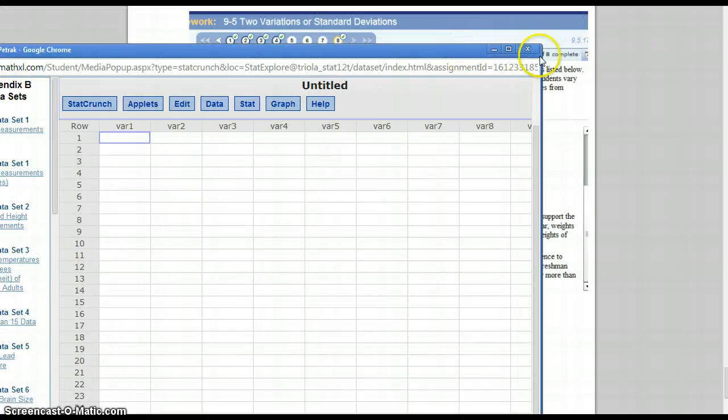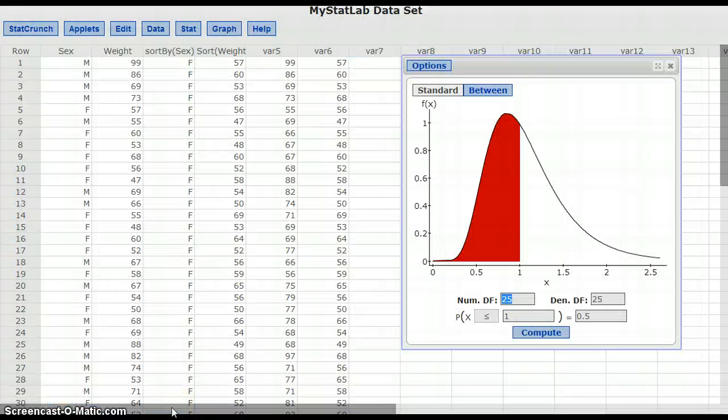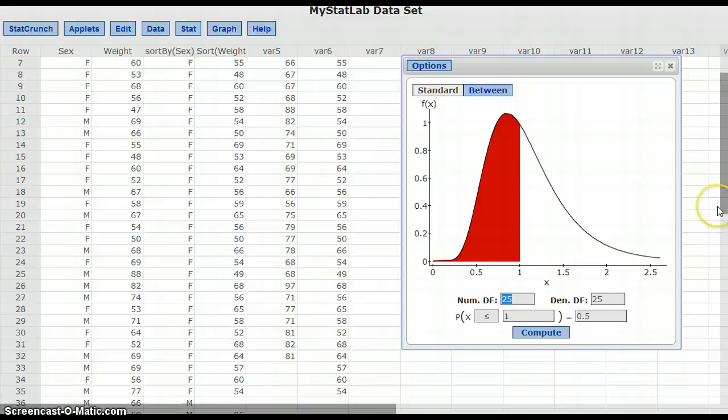So for the men there was 32, and for the women there was 35. If I take n minus 1, that's going to be 31 for the men, and for the women I'm going to put 34.